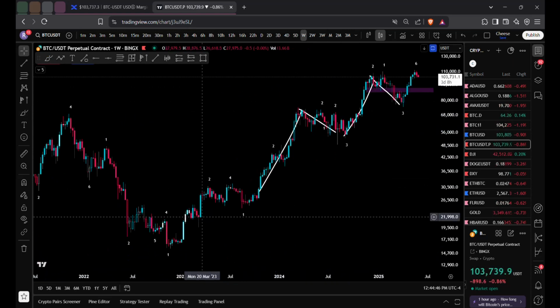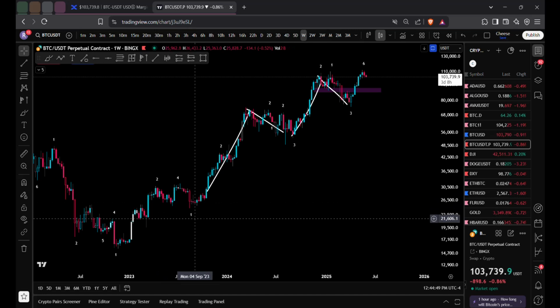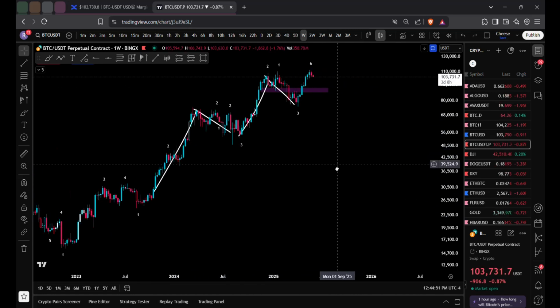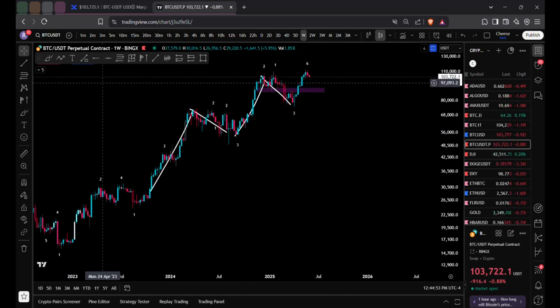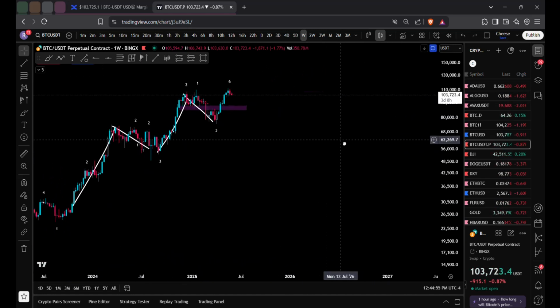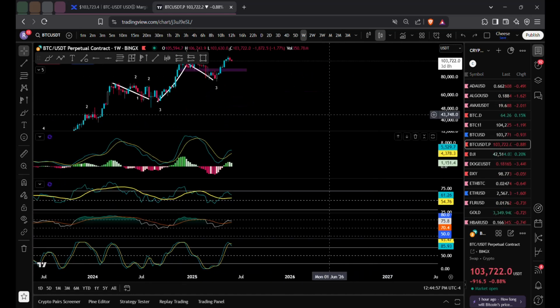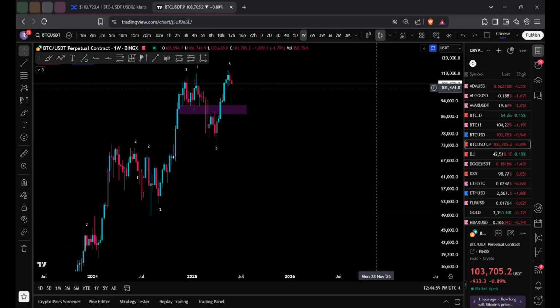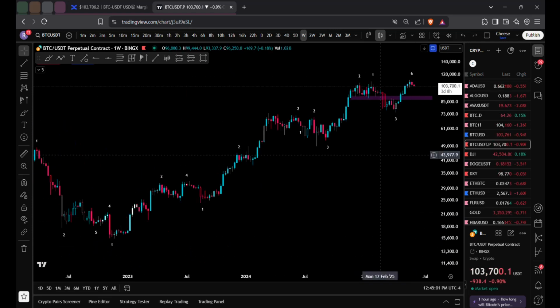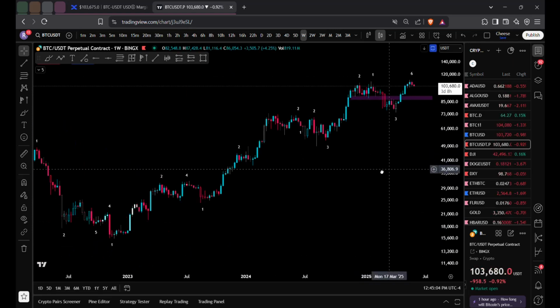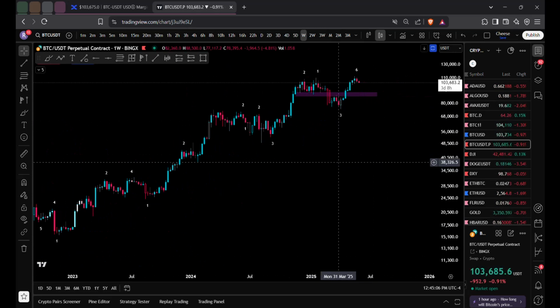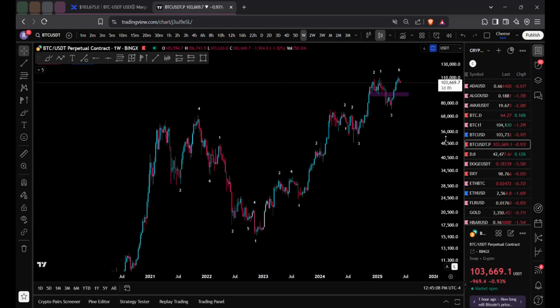When does this change? Like, when do we stop making higher highs and higher lows and form a top? What is a top? Let me explain that first. Well, a top is when price no longer makes a higher high and no longer makes a higher low, but continues to go sideways. Like this, okay?